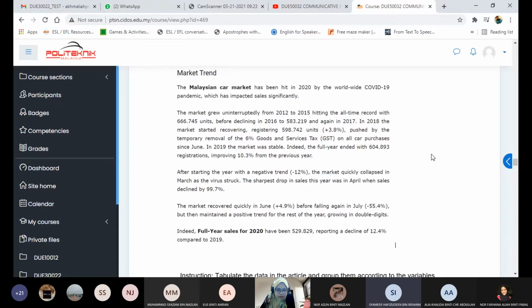After starting the year with negative trend, negative 12%, the market quickly collapsed in March as the virus stopped. The sharpest drop in sales this year was in April, when sales declined by 99.7%. The market recovered quickly in June, 4.9% before falling again in July, negative 55.4%, but then maintained a positive trend for the rest of the year, growing in double digits.